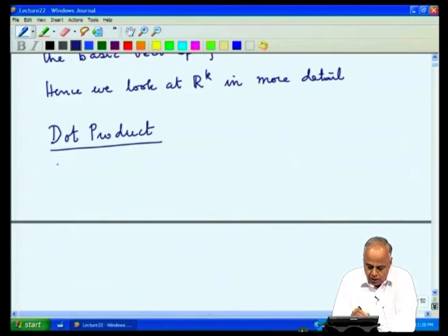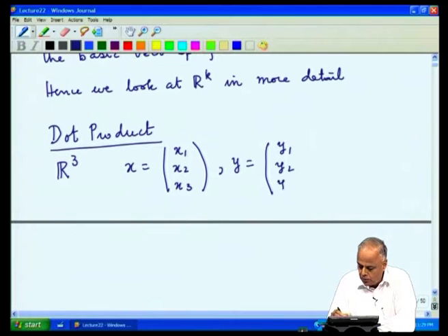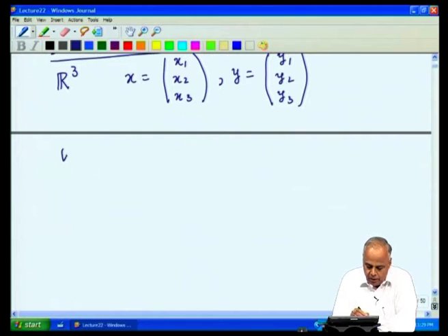Let us consider the vector space R 3. You may recall that if we take any vector x whose components are x 1, x 2, x 3 and a vector y whose components are y 1, y 2, y 3, then we define the dot product.